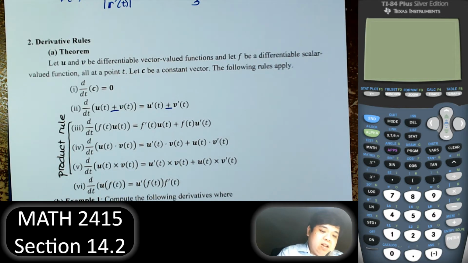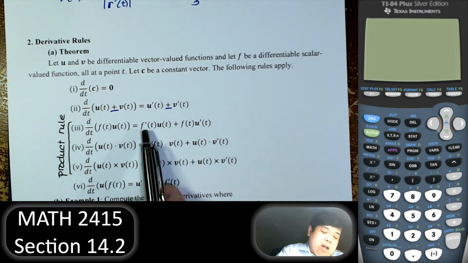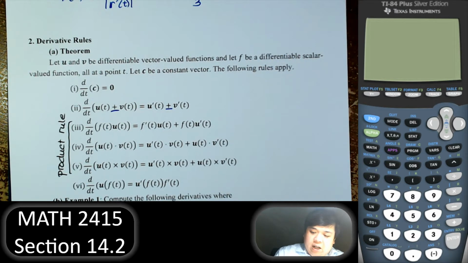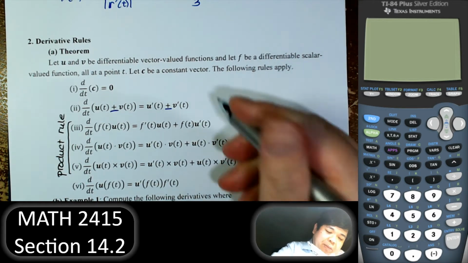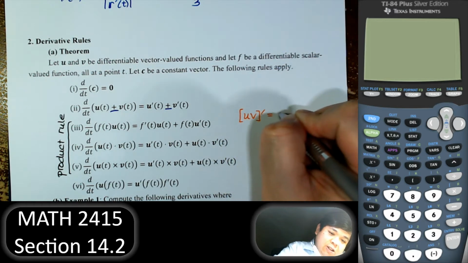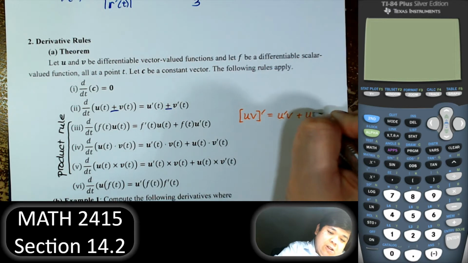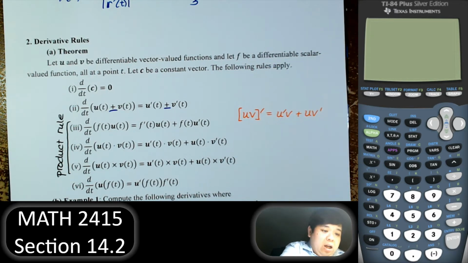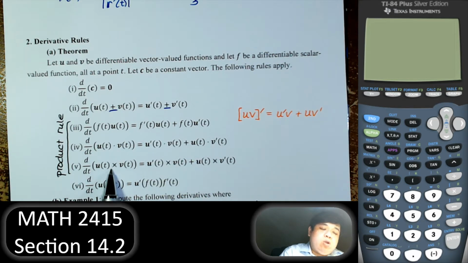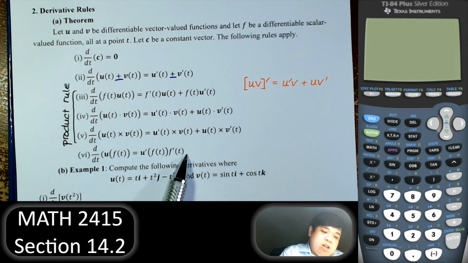The product rule is the derivative of the first times the second plus the first times the derivative of the second. It still applies for a scalar function. If it is a scalar product, it will be a scalar product; a dot product will be a dot product; a cross product will be a cross product. And the next one is the chain rule.